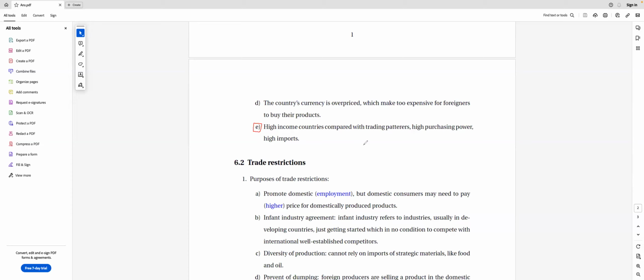So naturally the Americans buy a lot of things made by Asian countries, making the USA finally a trade deficit country.